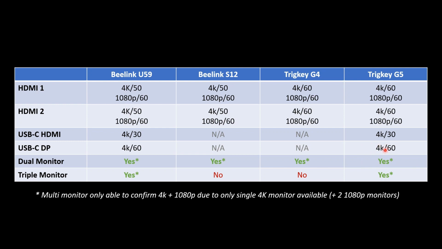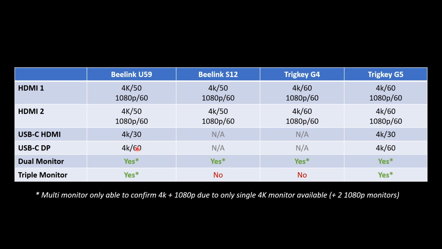Now when it comes to multi-monitor support, because all the devices had at least the two HDMI ports, they all did support 1080p 60 in both instances, and also I was able to test the 4K plus 1080p because I only have a single 4K monitor, so I couldn't do a dual 4K test.